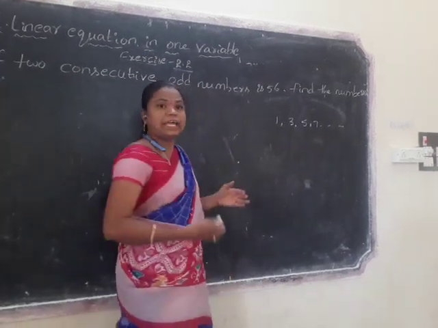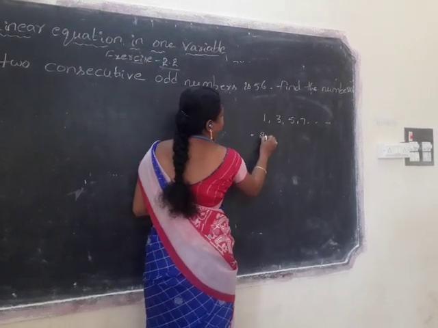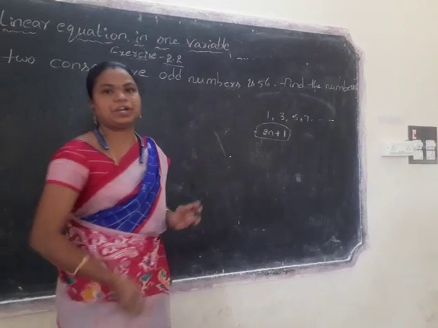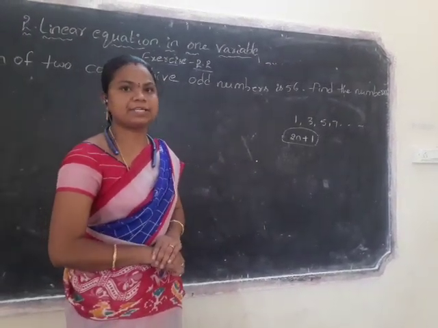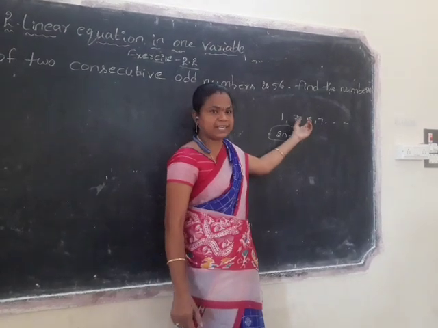In the previous topic, we got the general form of an odd number as 2n plus 1. Now we observe an odd number series.